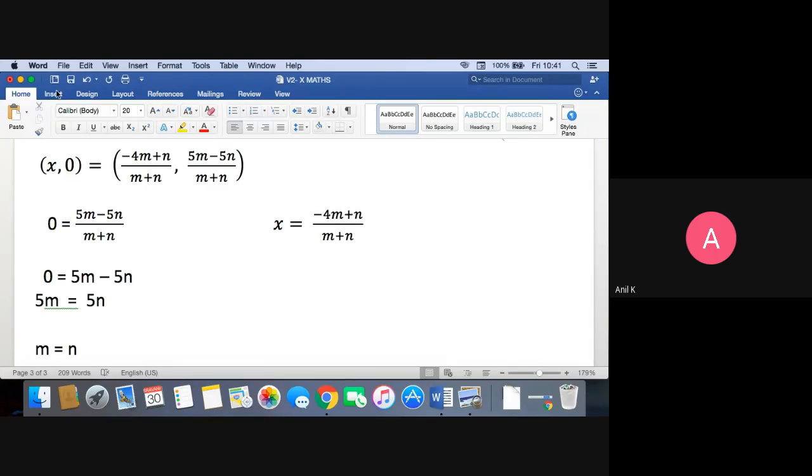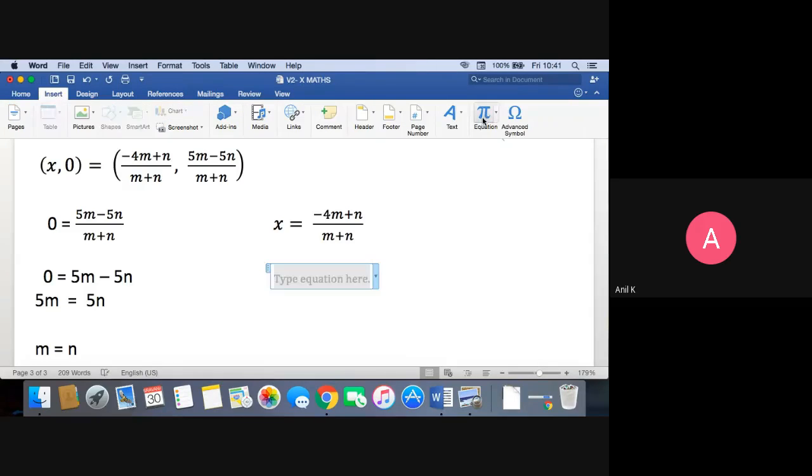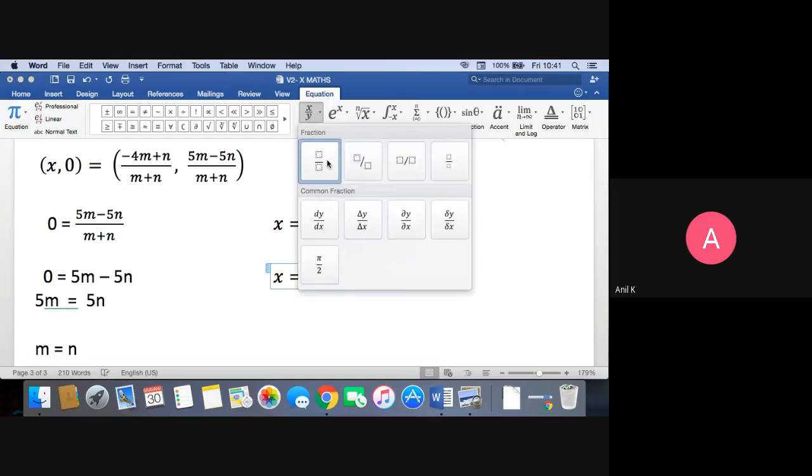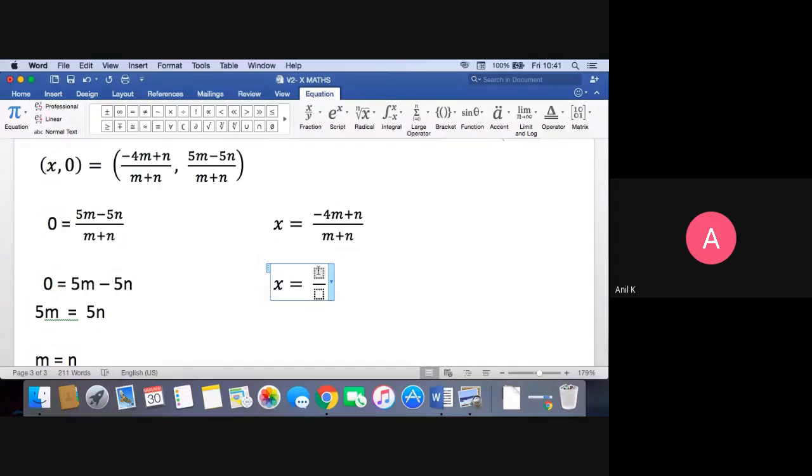Now I know the m value and n value. So x equals, substituting m value is 1 and n value is also 1, minus 4 plus 1, that is minus 3, upon 1 plus 1, which is 2. So the x value becomes minus 3 by 2.